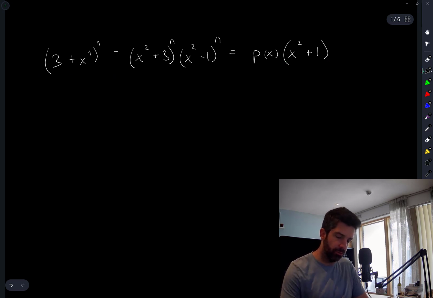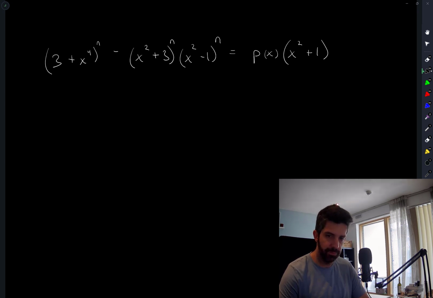There are all these relations between polynomial factors and coefficients that I don't know, so instead maybe I substitute some values of x here and narrow down when this can possibly be satisfied for all values of x.